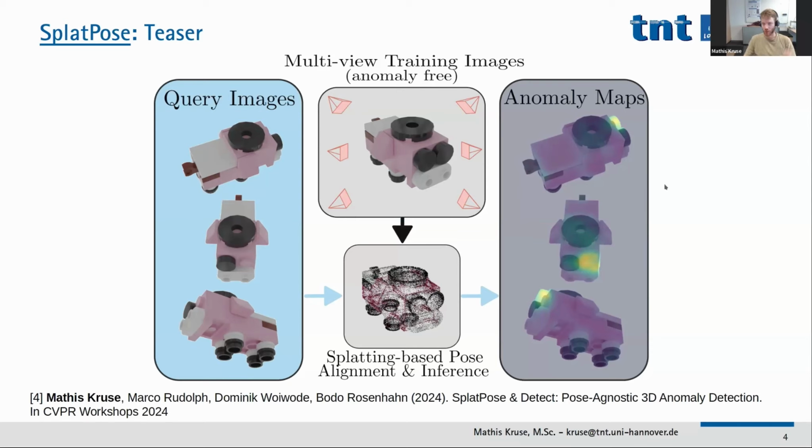I use this to align and get reference images of these query images, and I'm thereby able to detect the anomaly, in this case the missing eye, in all the different poses. This is from last year's CVPR workshops.